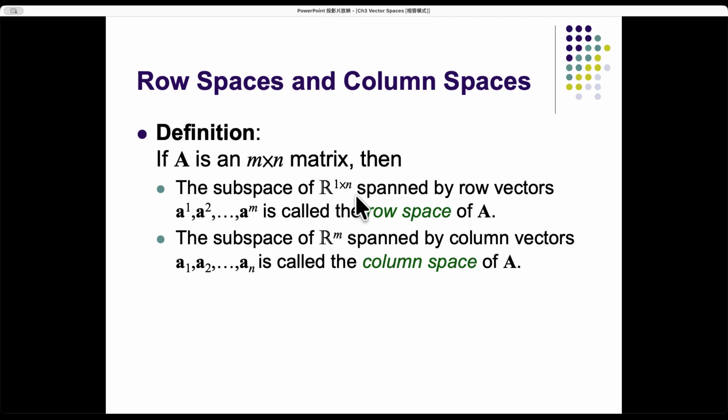The row space is like lying down, with n elements. So they look different and have different numbers of elements. They are very different, but they have something in common, as we will point out in this section.